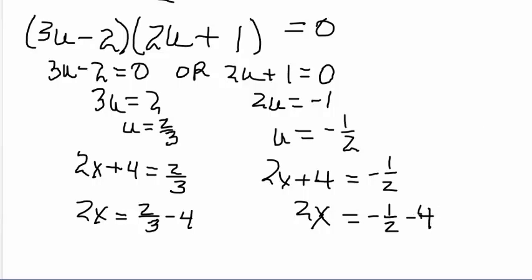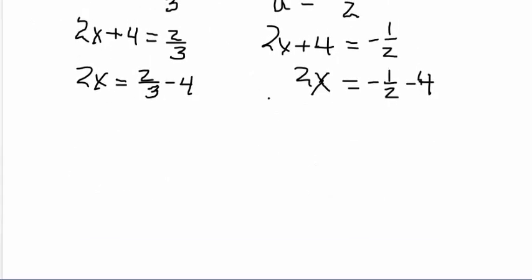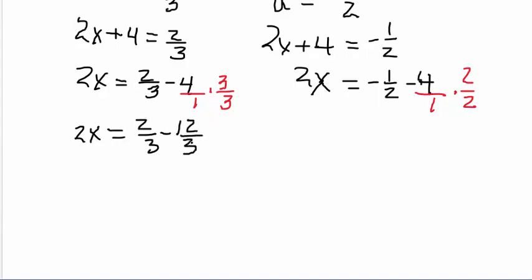So in the first case, I need to multiply 4 over 1 times 3 over 3. In the second case, I multiply negative 4 over 1 times 2 over 2. Since my denominator that I'm trying to achieve is 2, here my denominator is 3. So 2x equals 2/3 minus 12/3, which is negative 10/3.